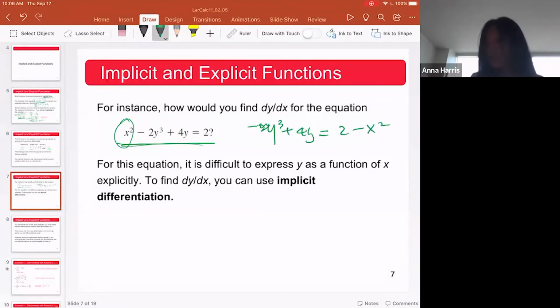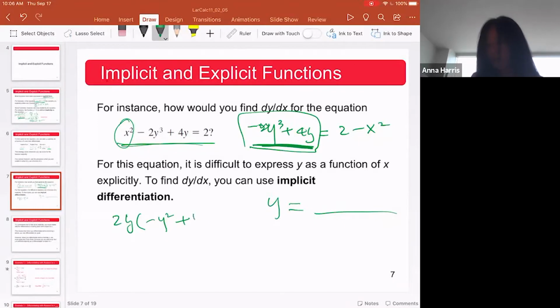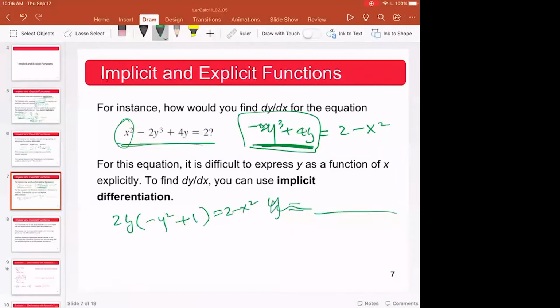But now look at the right-hand side. Remember, we need to write that as y equal to something. How am I going to do that? If I simplify this, I can probably pull out 2 and y in the front, and I still have negative y squared plus, if I bring plus 1, equal to 2 minus x squared.